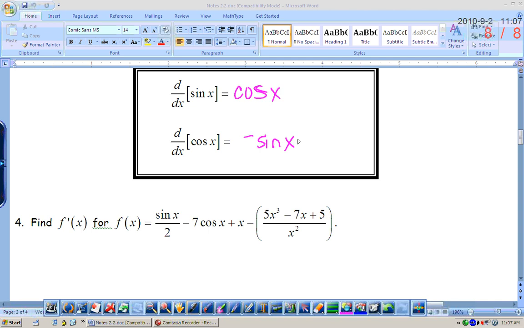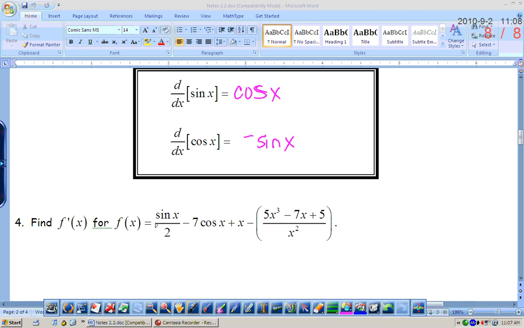Okay, that's true. This is BC calculus. The expectations are pretty high here. There is a proof of why the derivative of sine x is cosine x, and it's in section 2.2, but if you're interested in the proof, you're welcome to look it up.